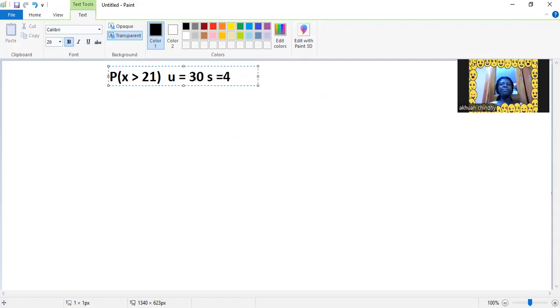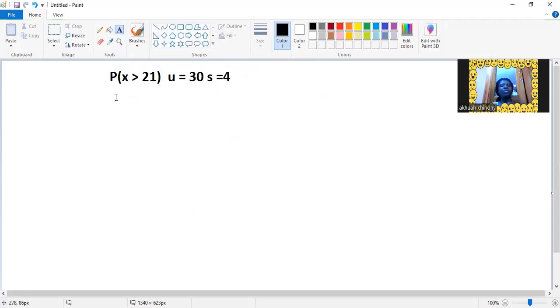All right. So first, what you have to do is, either way, you can first draw the curve, or you can first calculate it. So let me draw the curve. So this is my mean, and the mean is 30, right?